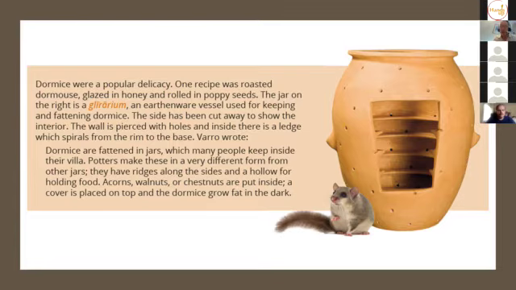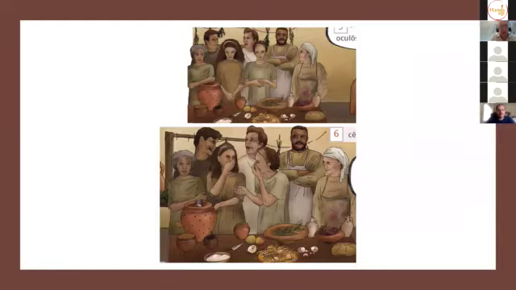How do we know anything about the Romans? Well, either through their text or through artifacts they've left behind. Just here, to show you that that dormouse was set up in a little introductory passage before that. Okay.